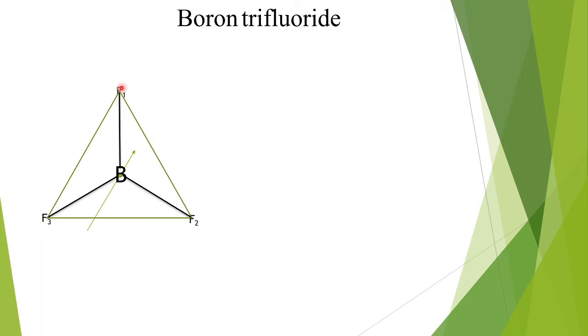In the original orientation, F1 is on top. On rotation through 120, it will come to the right bottom, and again on rotation through 120 degree, F1 comes to the position of F3, and again on rotation through 120, it comes back to the original position.